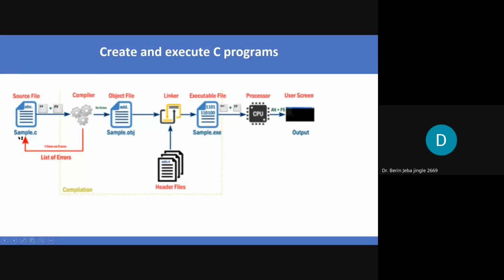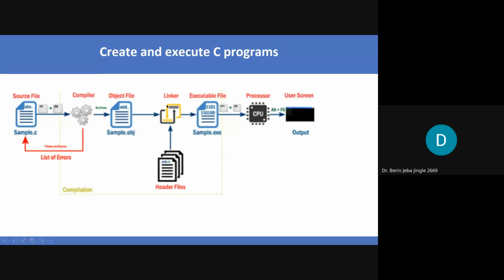So from here to here we call it compilation. Then we call it the execution. It will give the list of errors to the user. Once the errors are corrected, it will be converted to an object file, automatically, to sample.obj or add.obj.